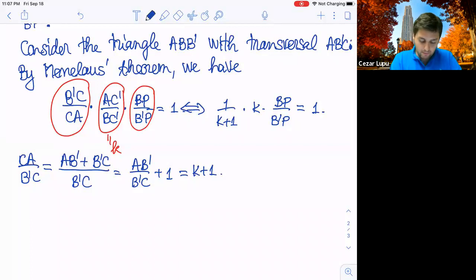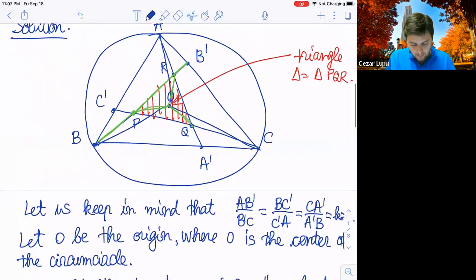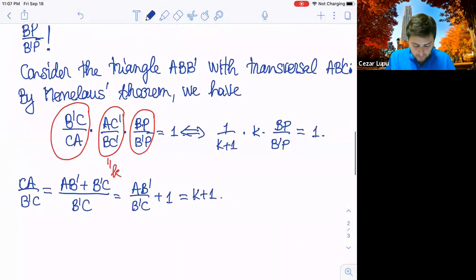All right, so that's AB prime over B prime C. Let me check.